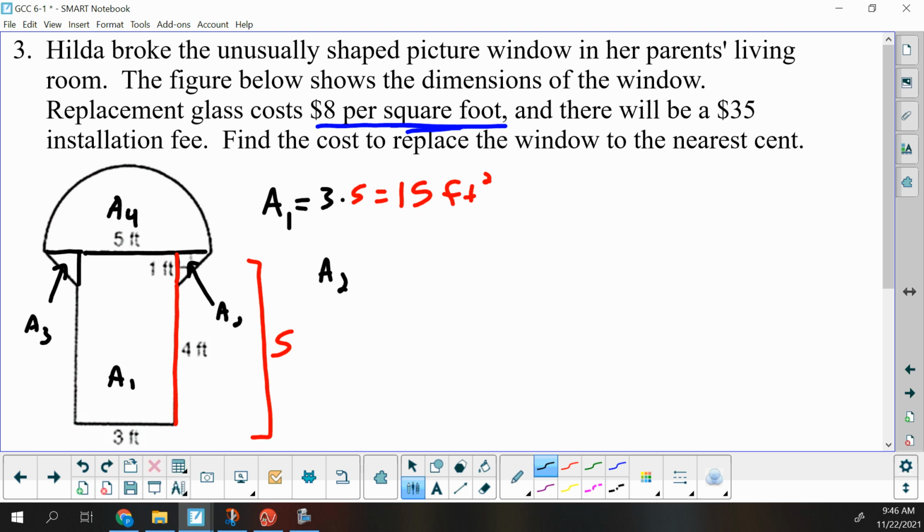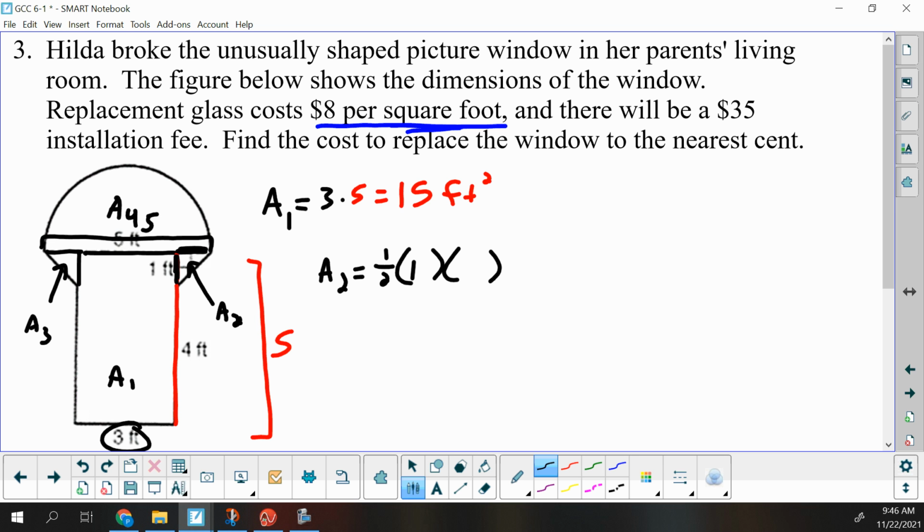For area 2, we've got a triangle, so it's 1/2 base times height. One of the dimensions is this 1 right here. For the other dimension, they told us that this is 5, and this part down here was 3.